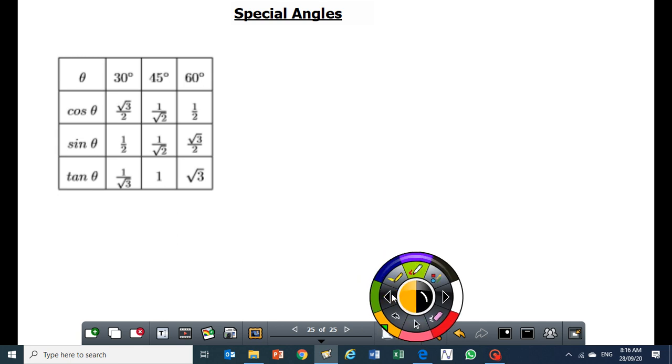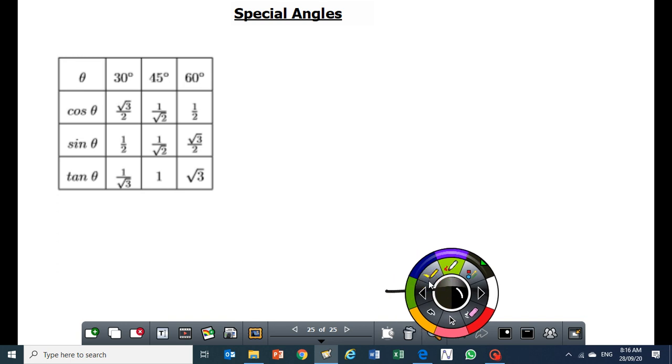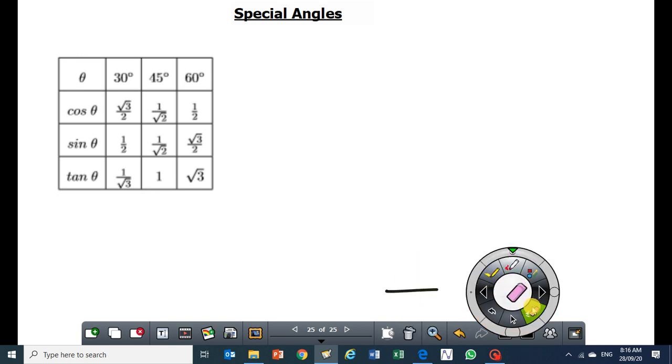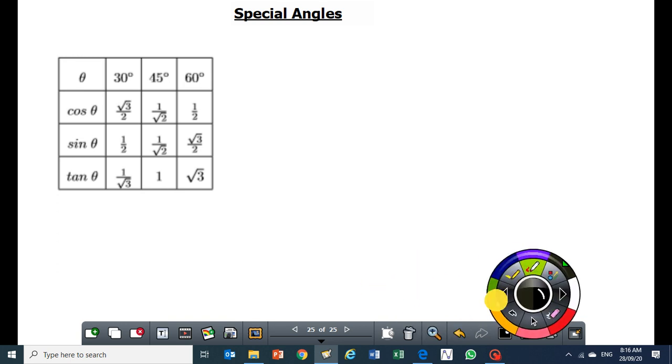Okay, so if you want to get the ratios for sine, cos, and tan, if your reference angle is 30 degrees or 60 degrees, you need a right angle triangle like that.